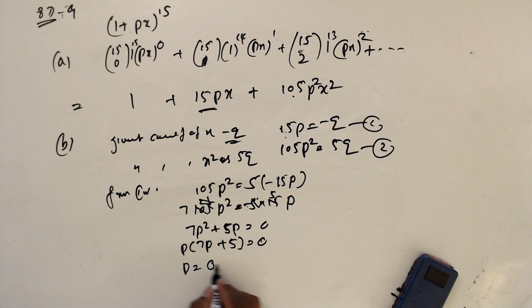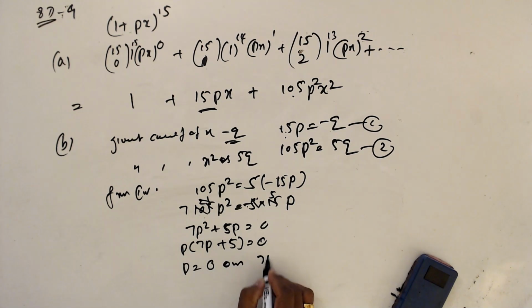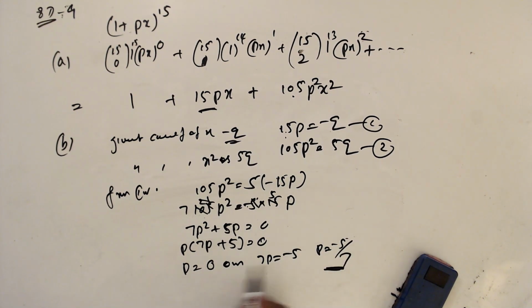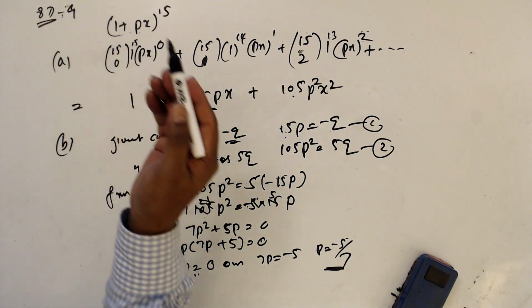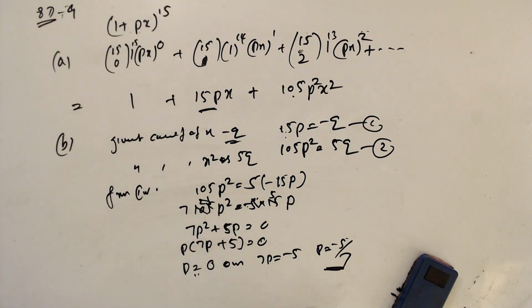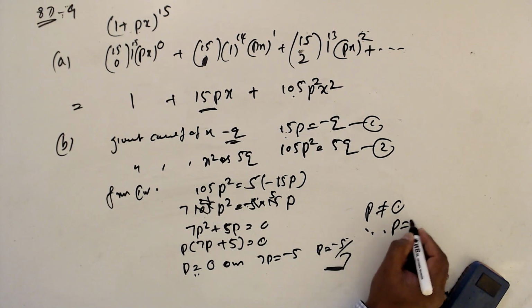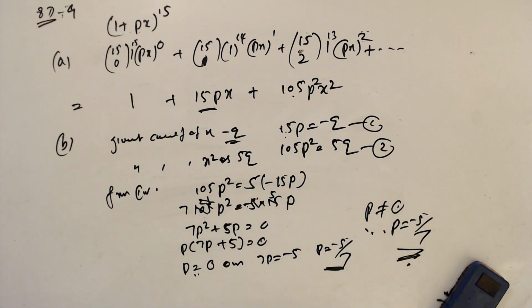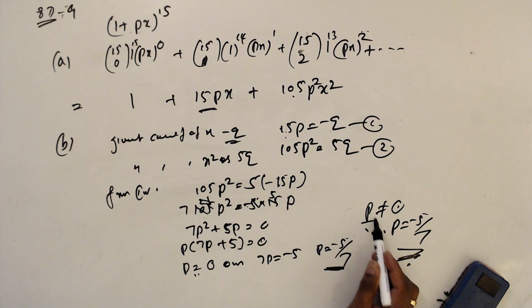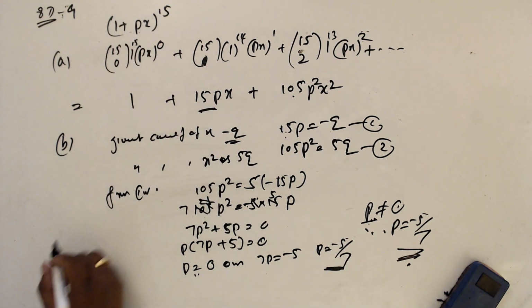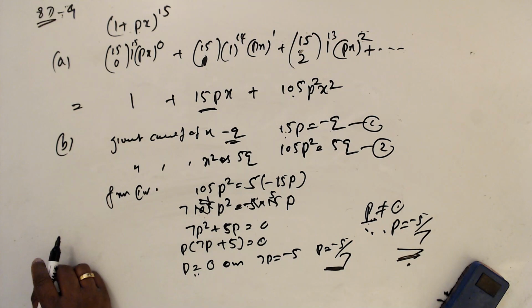Then p equals 0 or 7p equals minus 5. If p equals 0, there is no sum to work out. So p can't be equal to 0. Hence p equals minus 5 over 7. In the sum it also clearly says p is a non-zero constant, because if this becomes 0, 1 to the power 15, there's no binomial.